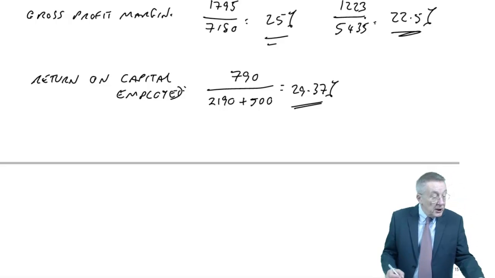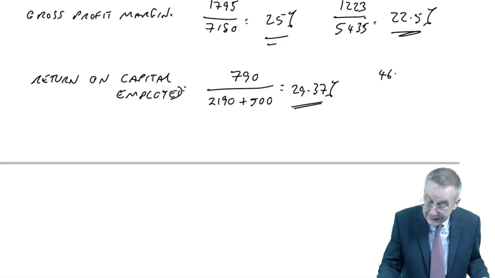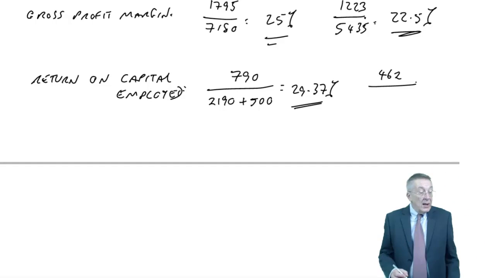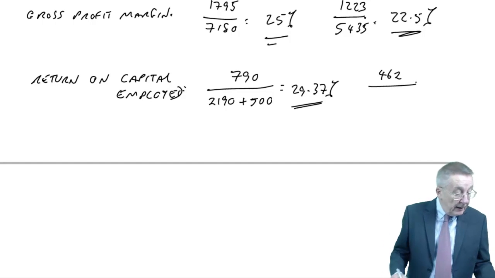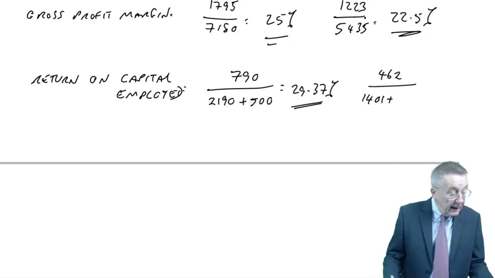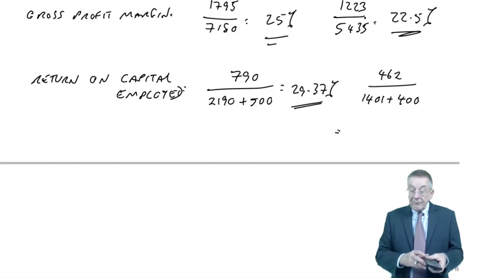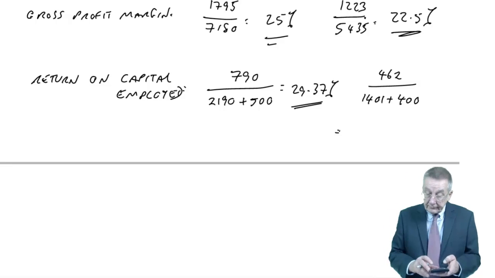Here we can only compare with the previous year, so the operating profit in the previous year was 462. The long-term capital employed from equity 1401, from debt borrowing, non-current liabilities 400. So a total of 1801.